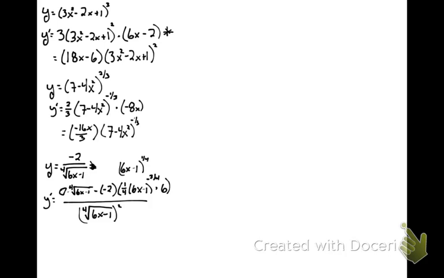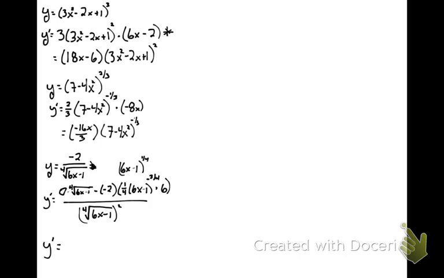I'm going to clean this up just a little bit. y prime equals, well, 0 times the 4th root is going to be 0. I've got negative 2, which is 2. That can be multiplied by a 4th to get 1/2, and 1/2 times 6 would be 3.